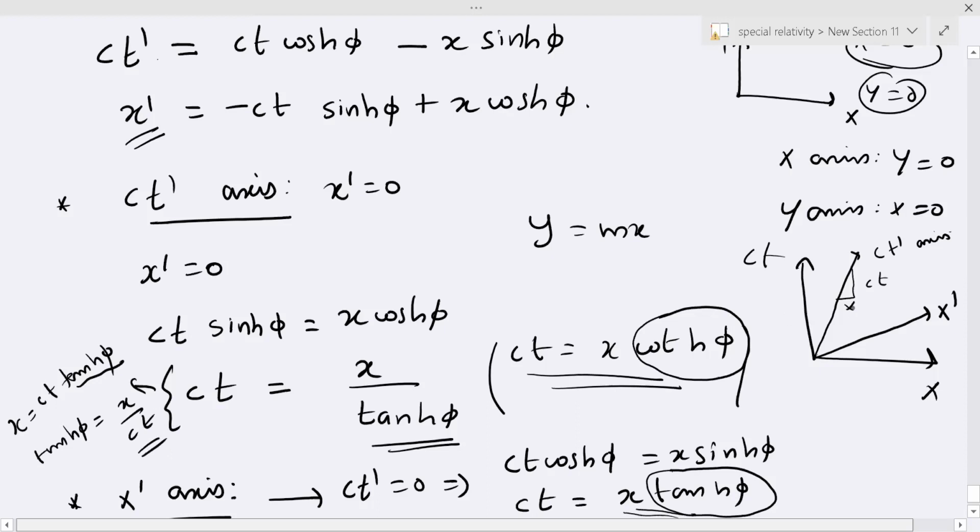So tanh phi is the slope with respect to the x-axis.